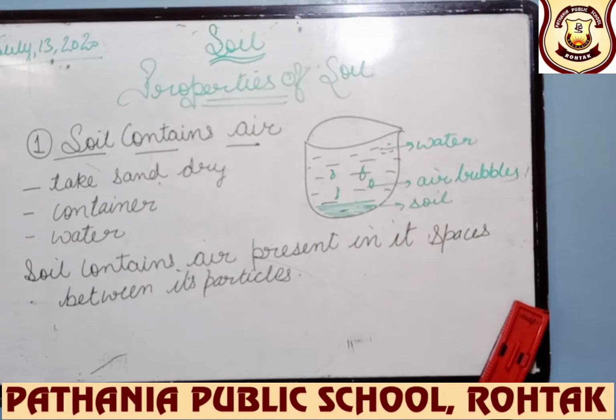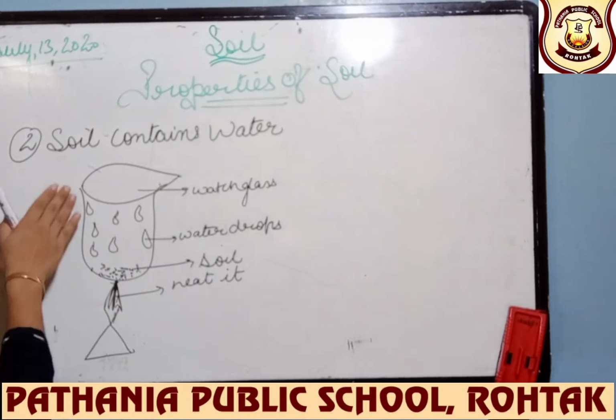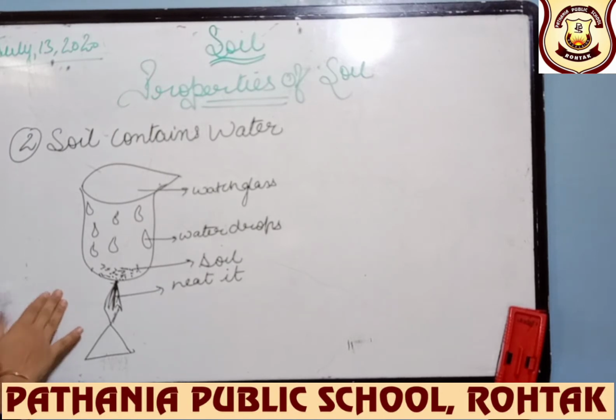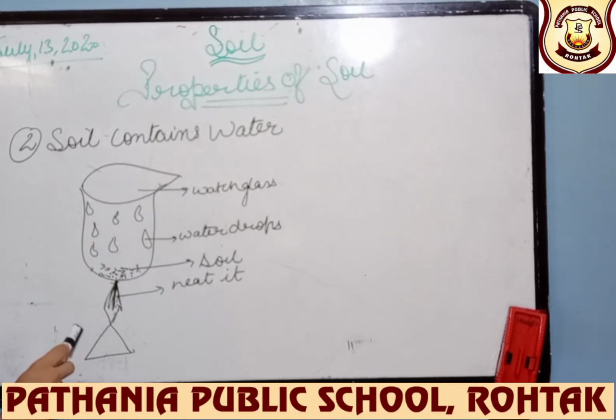So the second property I would like to take is that soil contains water or moisture. Next property I am taking, soil contains water. I have taken a beaker. In this beaker, I have taken soil, a Bunsen burner to heat it up, and a watch glass to cover it. I am heating this container which contains soil, and as I start heating it, what will happen?